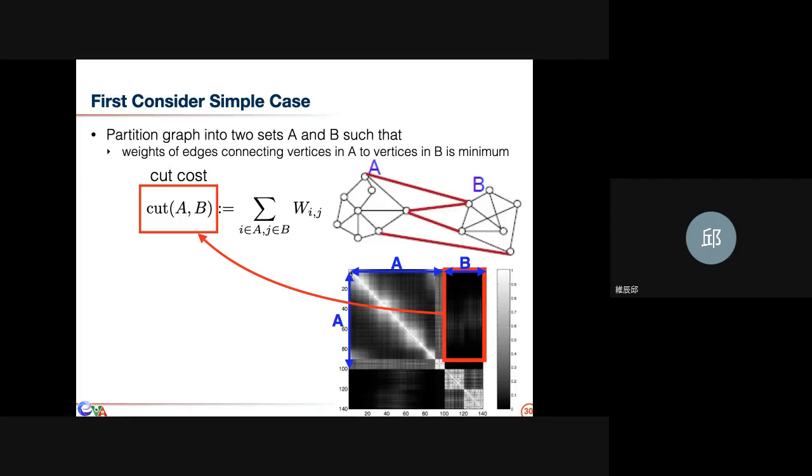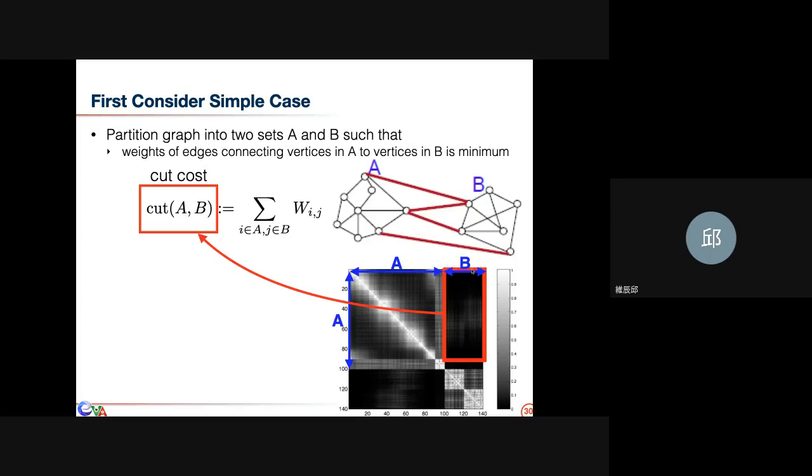So for instance, if all the data points in the set A are placed on this portion, and the vertices in the set B are placed on this portion.